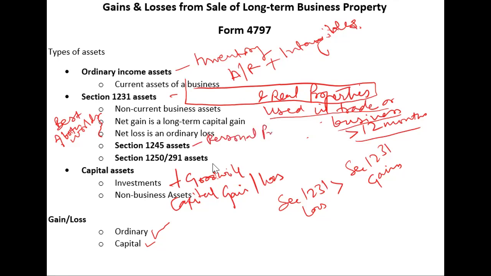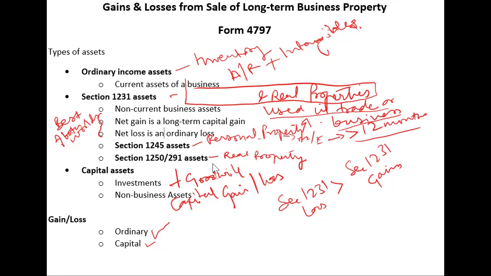Section 1245 assets comprise personal property, and section 1250 is about real property. By personal property, we mean movable properties like machines and equipment. So it will include machines and equipment used in trade and held for more than 12 months.